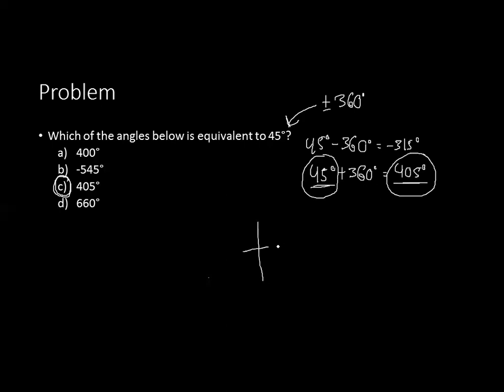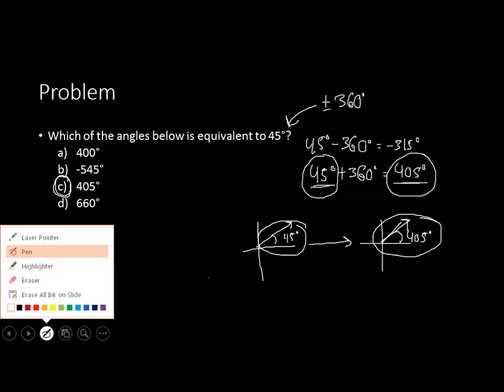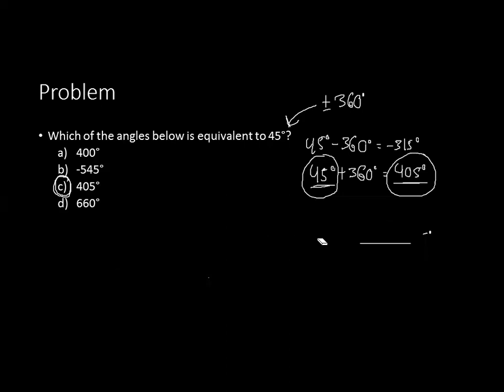If 45 degrees is here, then on the next rotation, this is 405 degrees. I don't know if this is in the second rotation or third rotation, but again, it implies that they are both in the same position.